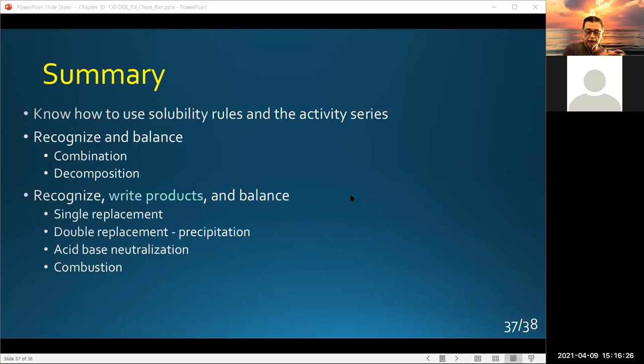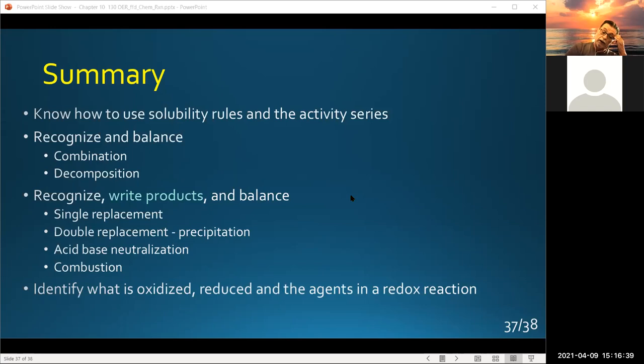Obviously, you need oxygen to burn, and the only two products we're going to make are carbon dioxide and water. And be able to identify in these reactions what is oxidized, what is reduced, and the respective agents.